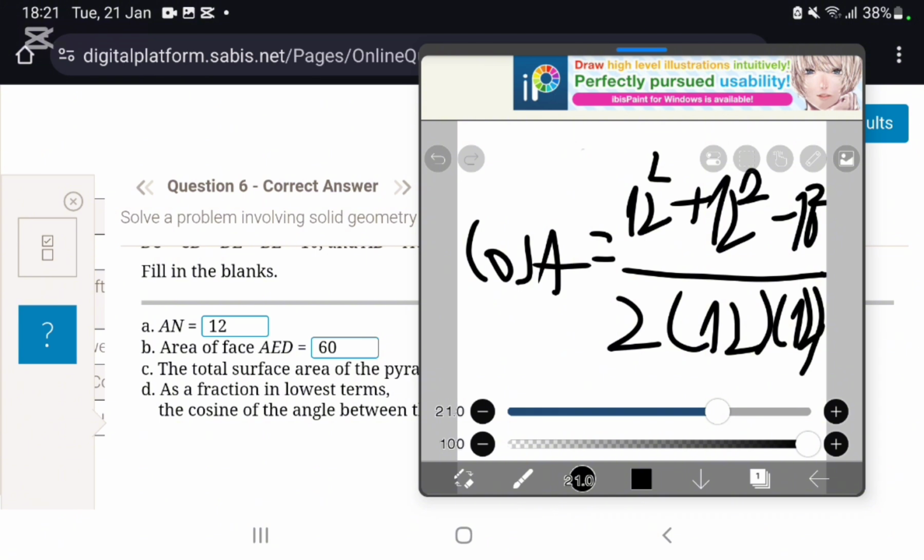Let me just put it in the calculator. Okay, 12 squared plus 12 squared minus 10 squared divided by 2 times 12 times 12.